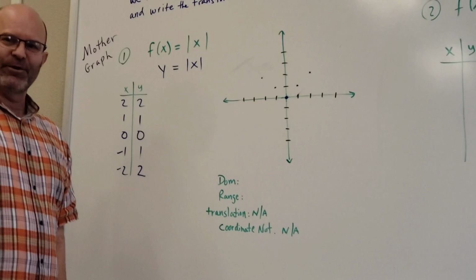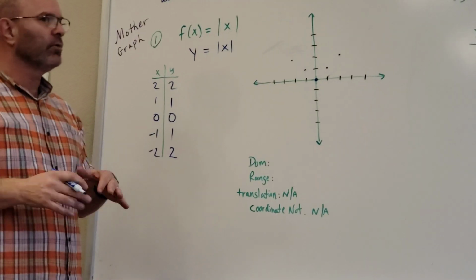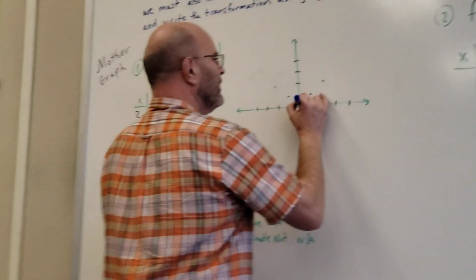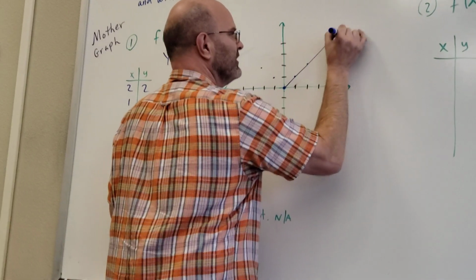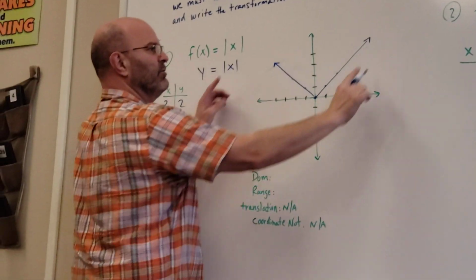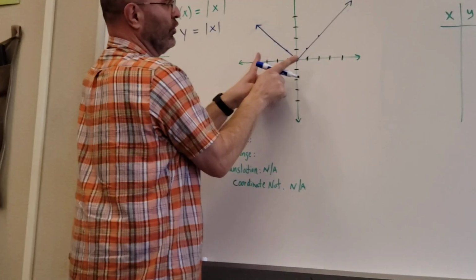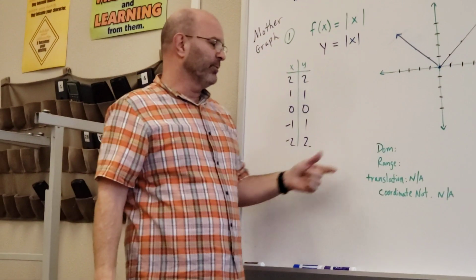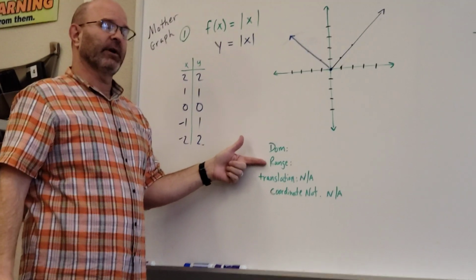You'll also have a ruler. So I'm not going to be using a ruler just to help speed things up a little bit, but you'll grab your ruler and you'll draw in a ray going this way, and you'll draw in a ray going this way, and make sure you include arrows to note that this graph goes forever in both directions. That helps to understand domain and range better.